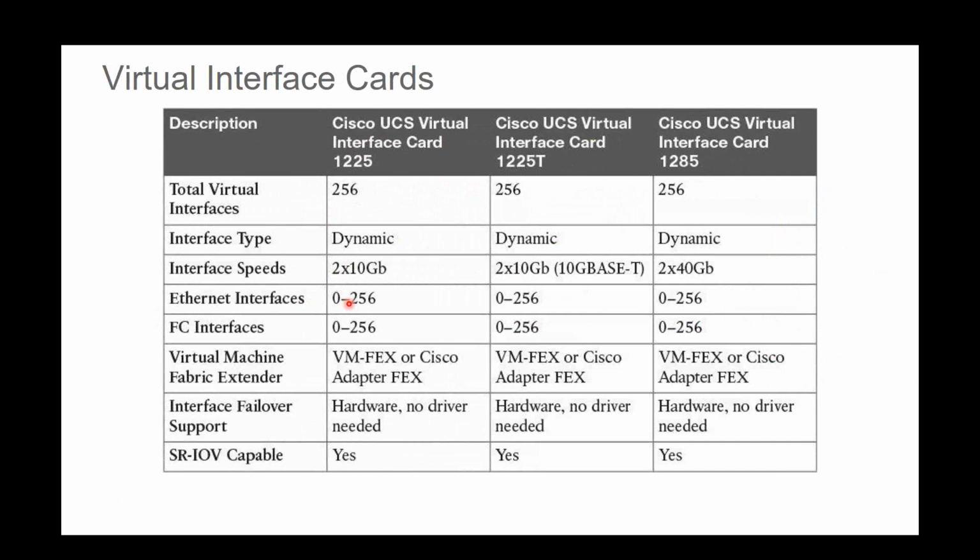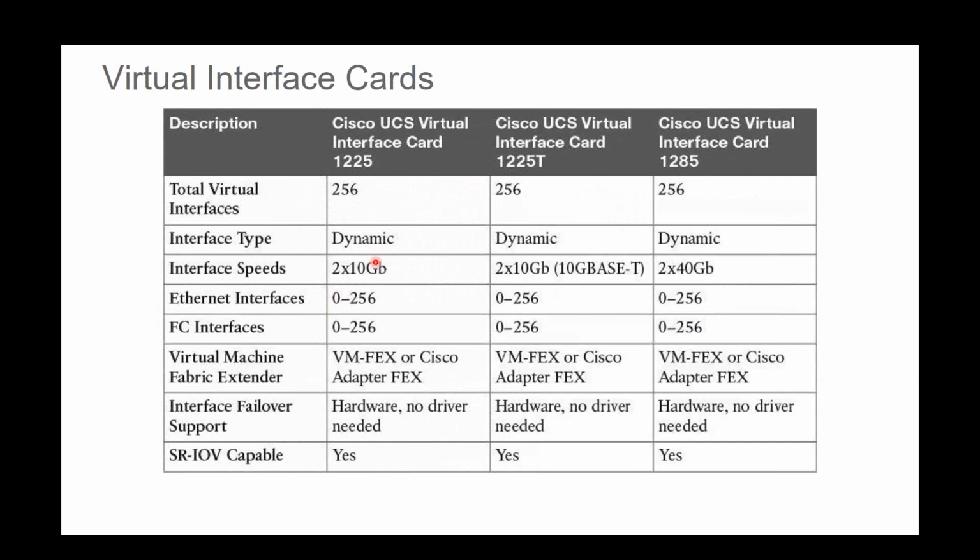So where you have your 2x10 gig connections to your Fabric Interconnects or to your 5000s, you can actually abstract that out to up to 256 VNICs or VHBAs, which gives you dedicated NICs for iSCSI, for voice, for data, for whatever you need.